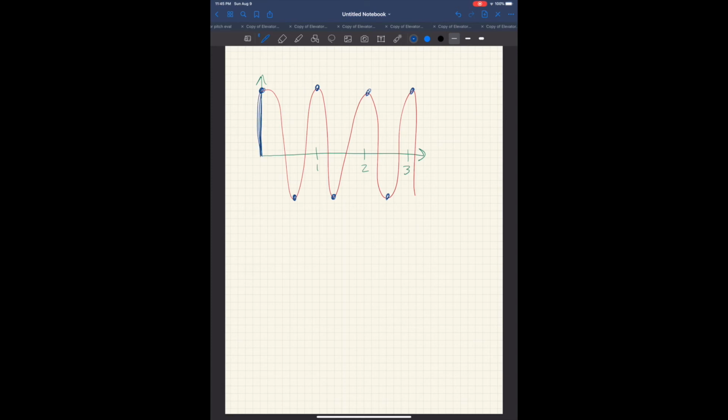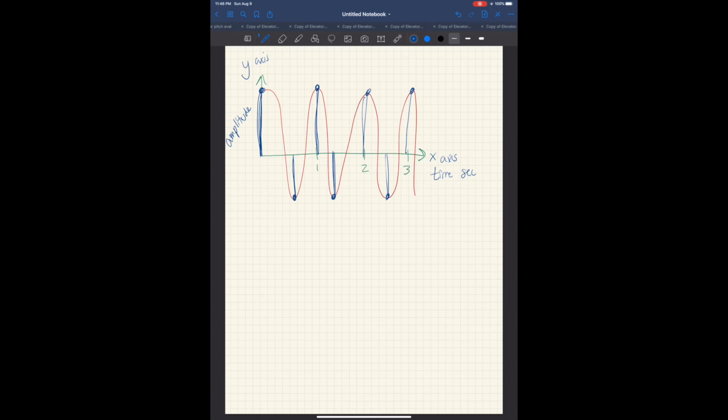Let's look at the axes. So the y-axis is representing the amplitude of the signal. X-axis is representing time. In this case, it's in seconds. So every time that I draw a circle, my computer is recording the amplitude of the signal at that very time.